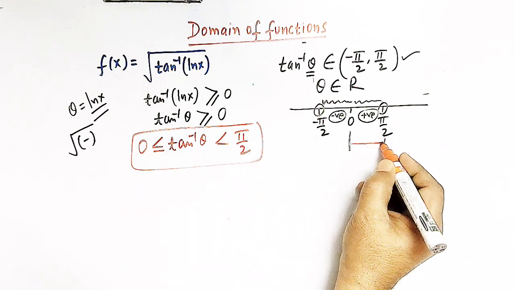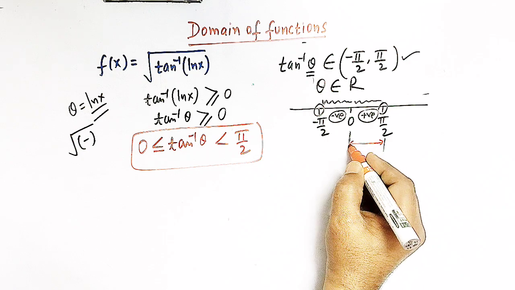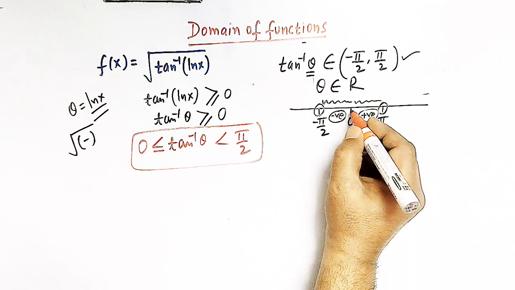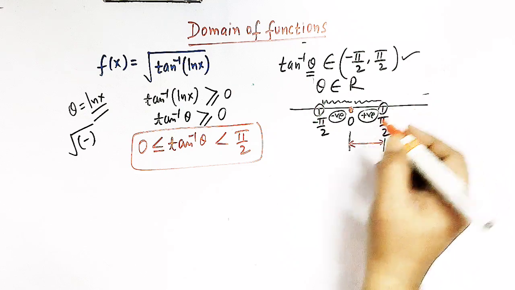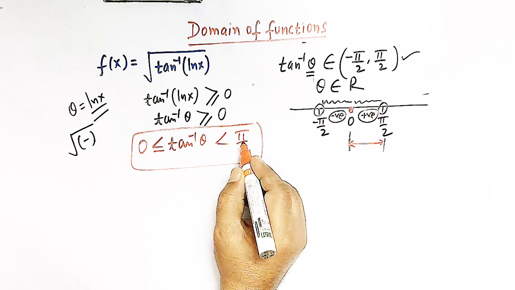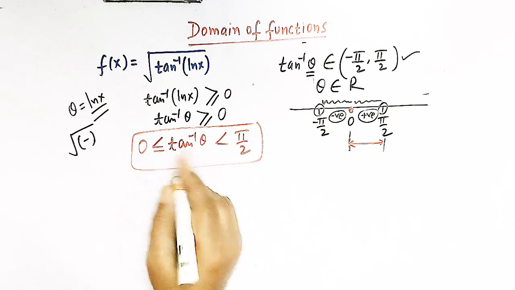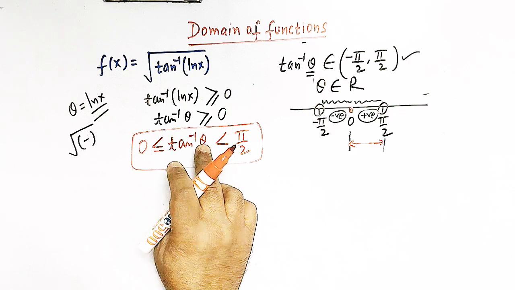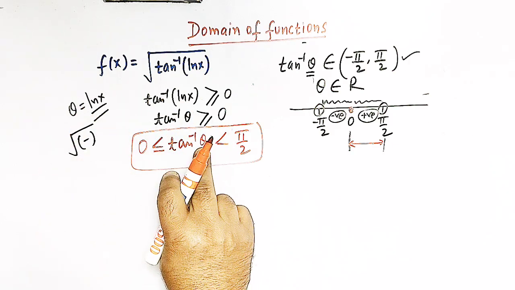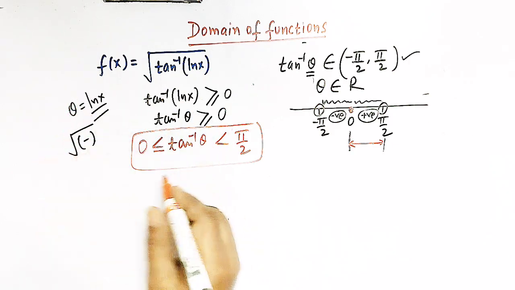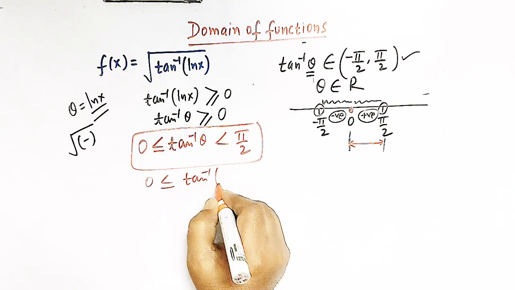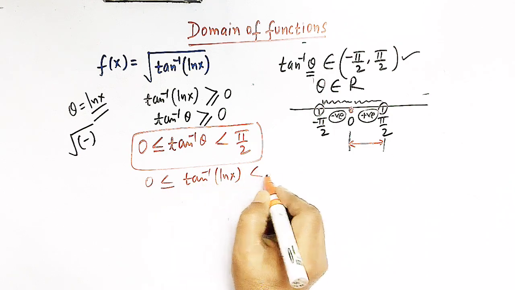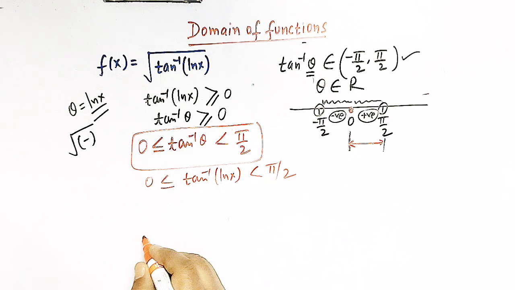We restrict ourselves to this interval where 0 is included but pi by 2 is excluded. Writing theta as the natural log of x, we have 0, tan inverse natural log of x, and pi by 2.